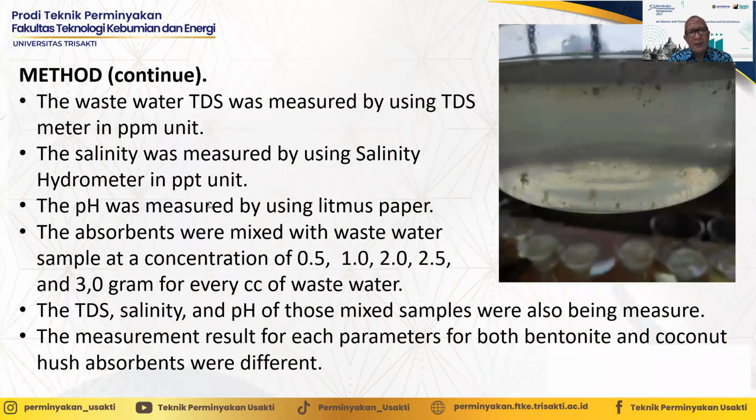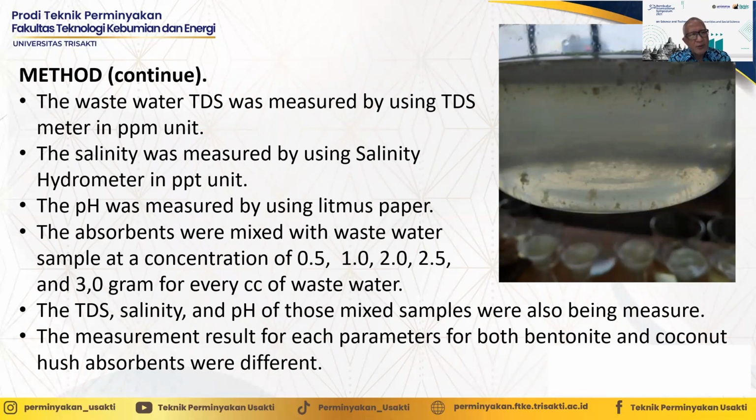The wastewater TDS was measured by using a TDS meter in ppm, part per million unit. And on the right is the wastewater sample. The salinity was measured by using a salinity hydrometer in part per thousand unit. And the pH was measured by using a litmus paper.